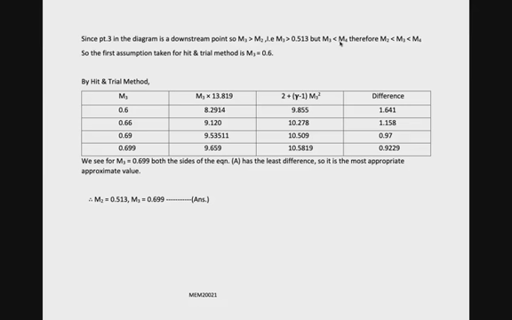So M3 is less than M4, and therefore M2 is less than M3 which is less than M4. So the first assumption taken for the hit and trial method is M3 equal to 0.6.